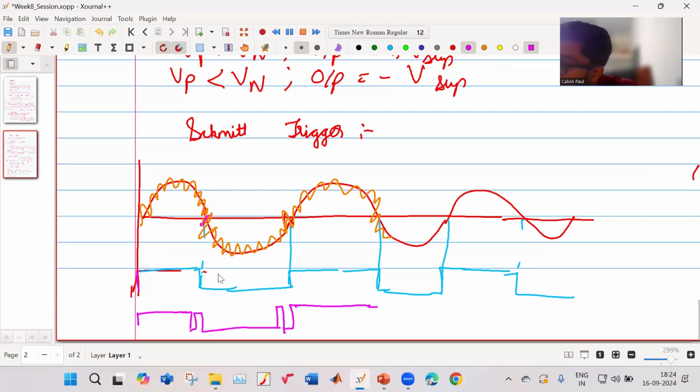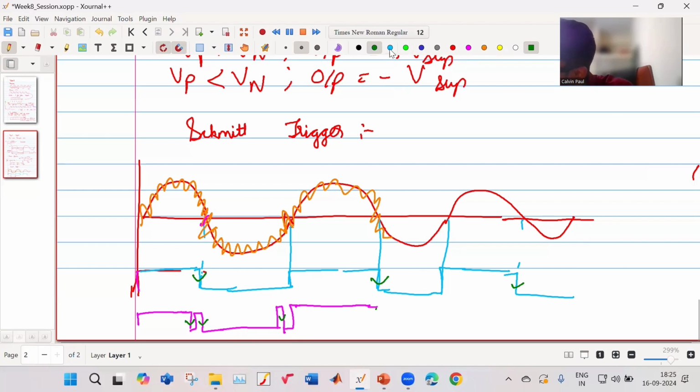And if we count, what do we count? We count the falling edges. This edge and this edge. So here there will be one falling edge, one more falling edge. So instead of there being only one, we are getting two in that same time.